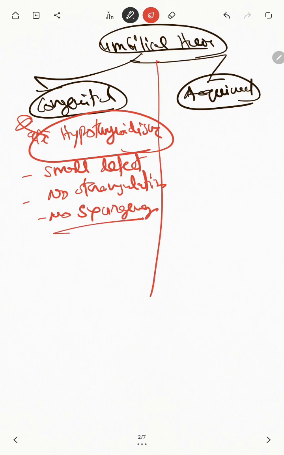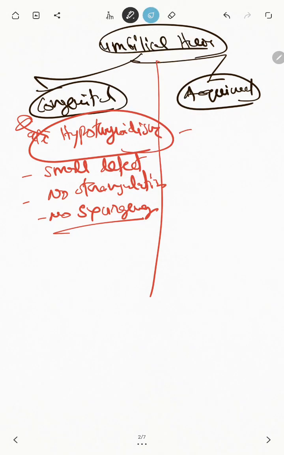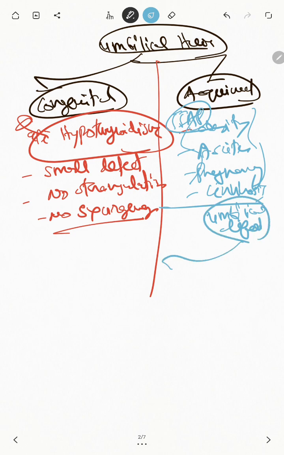Whereas in acquired umbilical hernias, the most common causes would be obesity, ascites, pregnancy, those which cause an increase in intra-abdominal pressure, cirrhosis of liver, etc. Usually we measure this umbilical defect, and if it is less than 2 centimeter, you can wait and watch.